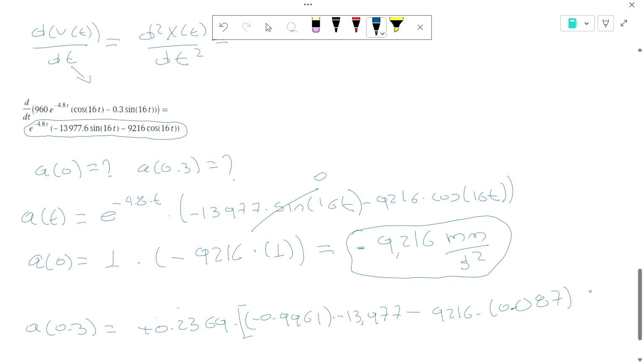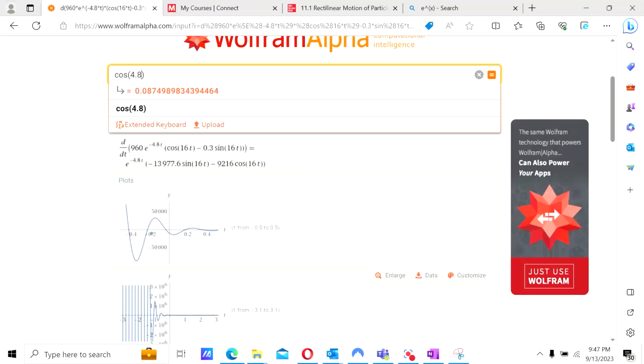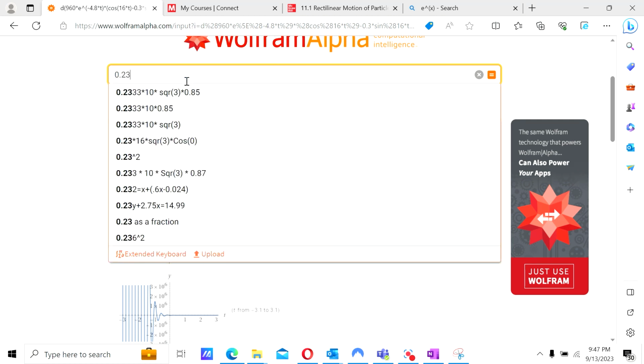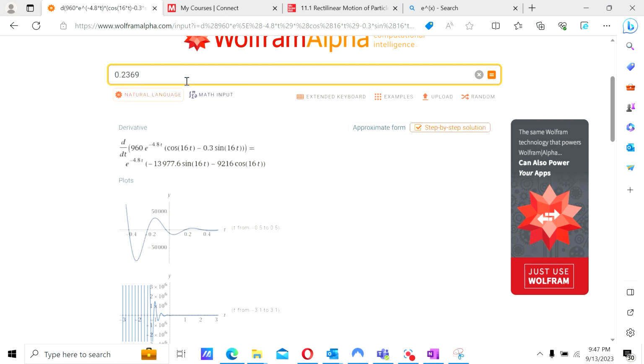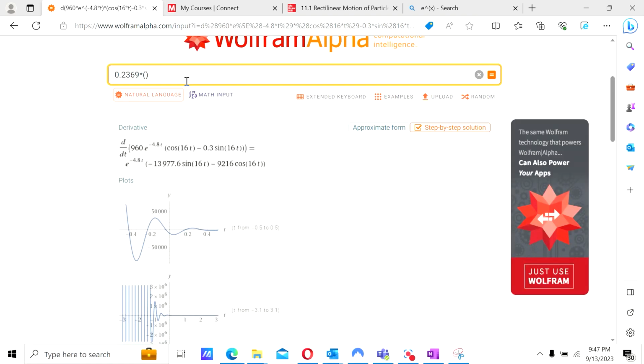So basically, we just have to compute all this: 0.2369 times something here minus something here.